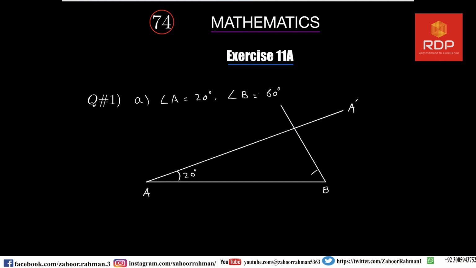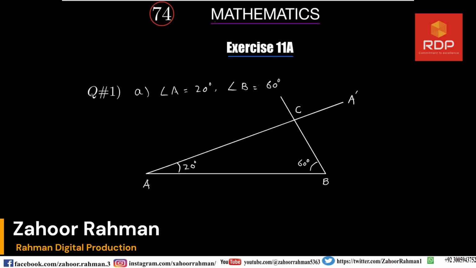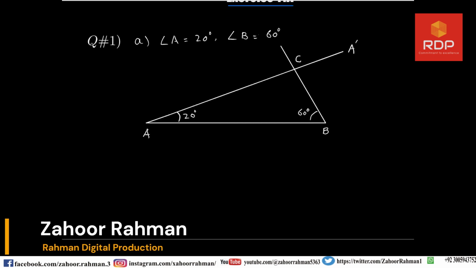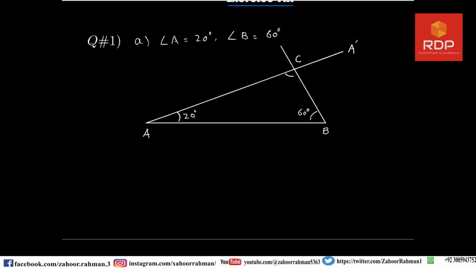So we are labeling it as 60 degrees. Now where the two lines are intersecting each other, we are going to label it as C, and our main purpose is to find the value of this angle, which is C.